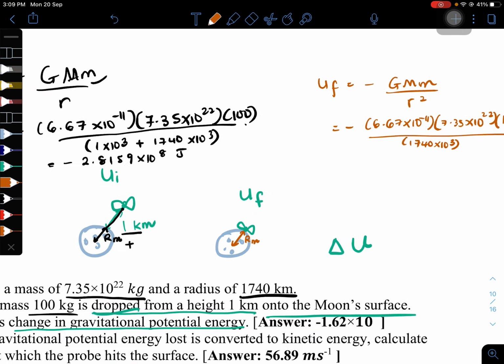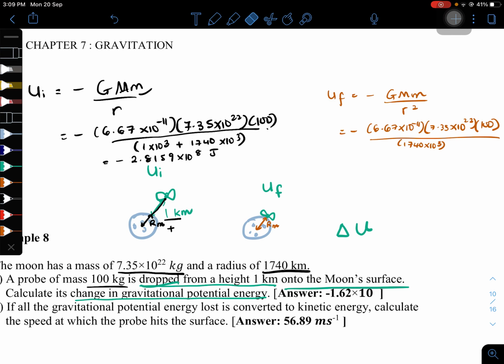Okay. Oh, sorry, we don't have square. Okay, so be careful. So this one you will get negative 2.8175 times 10 to the power of 8 joule.